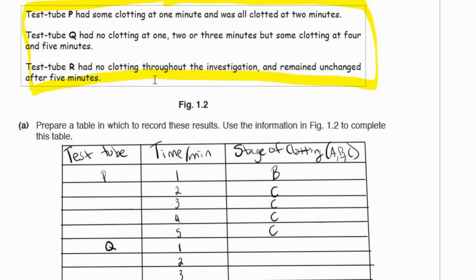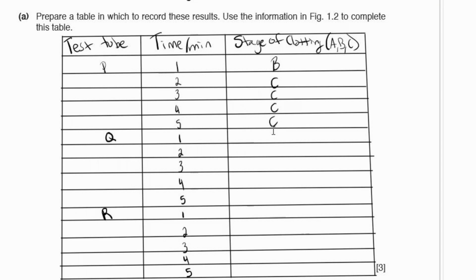So that was stage A, then B, B. And test tube R had no clotting throughout the investigation and remained unchanged after 5 minutes. It was A all the way through. There was no clotting at all.